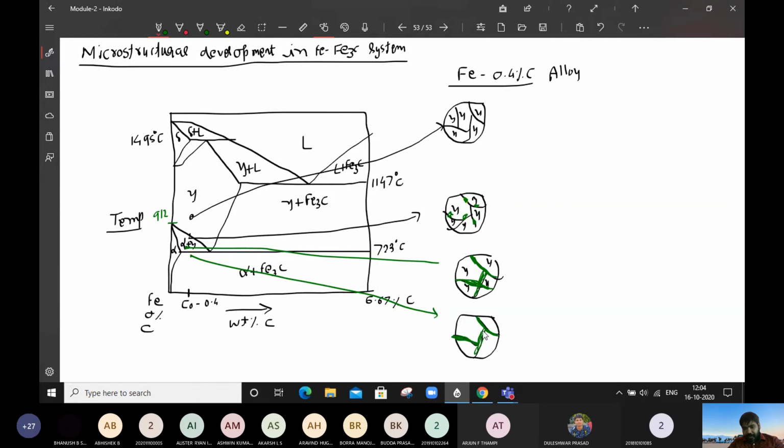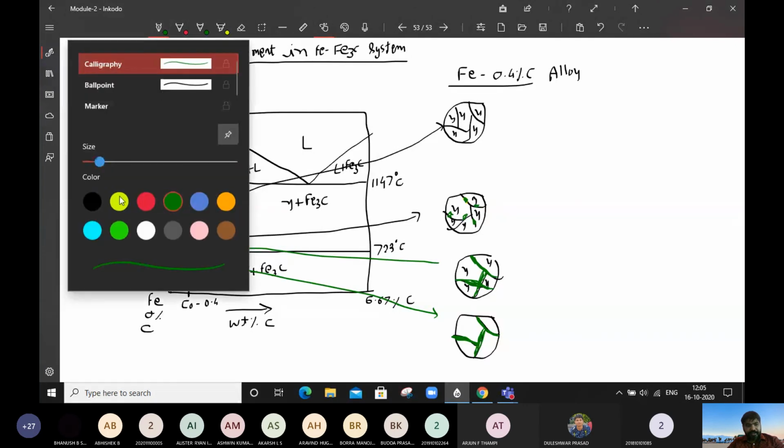So this is the alpha that is formed above this temperature. Now what will happen when you cool this gamma alloy below this line? All the gamma is going to convert into alpha plus Fe3C. Now it will look like this.